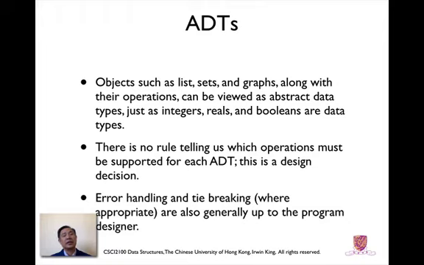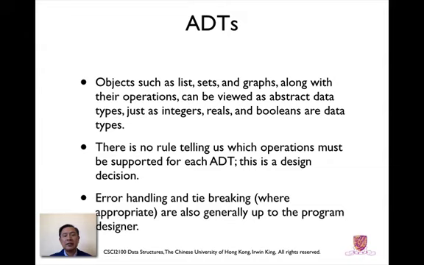Very much so, just like integers, reals, and Booleans are data types. There is no rule telling us which operations must be supported for each abstract data type. This is your design decision. So for a set abstract data type, if you add some more functions, that could be another set abstract data type.